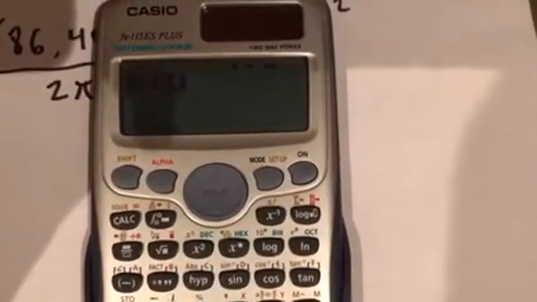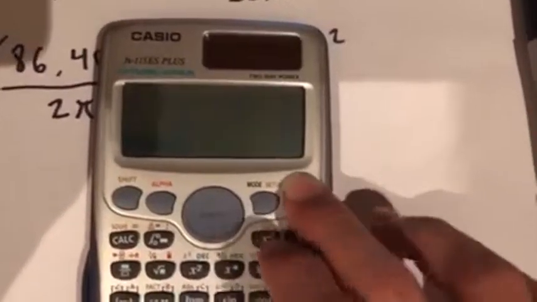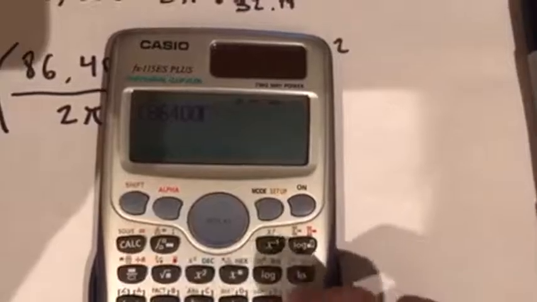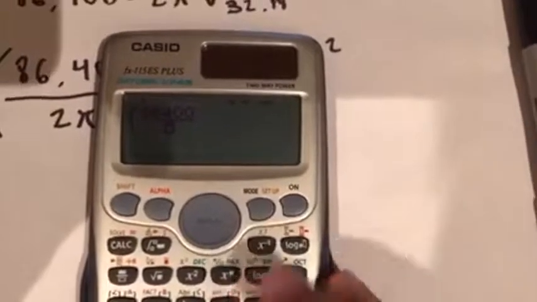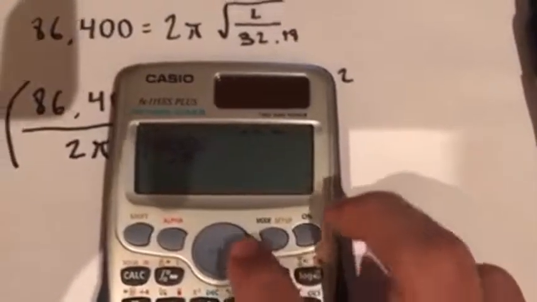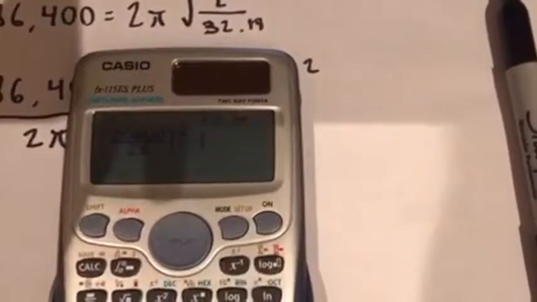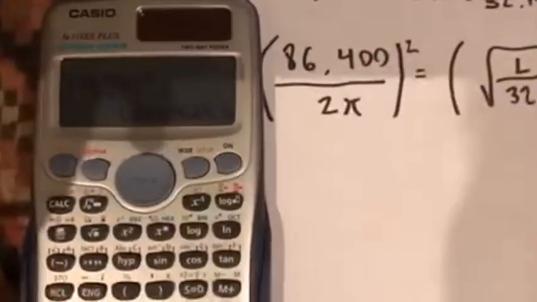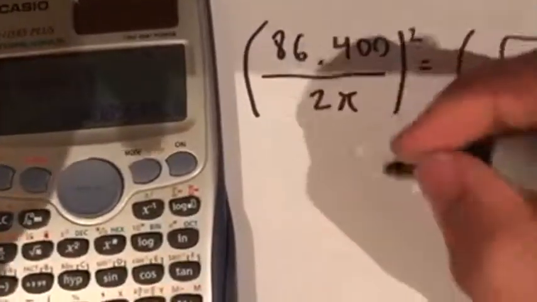So 86,400 over 2 pi squared is this number.